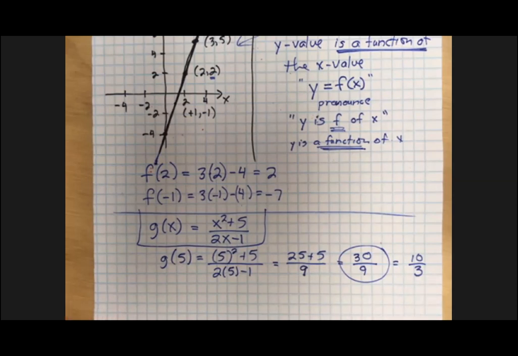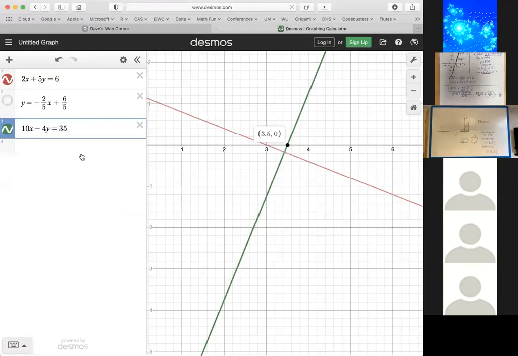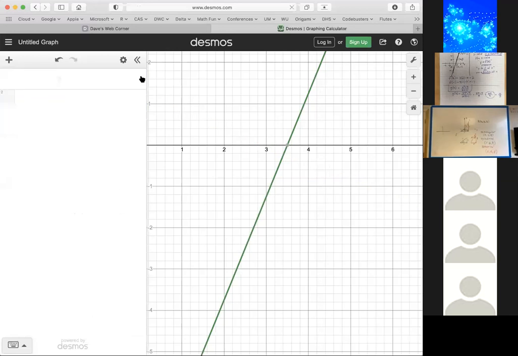Now you could type this equation, again, directly into your calculator, but I'm going to go back to Desmos because Desmos is so nice for just typing things in. Back to my website, I had Desmos open in a tab here. Let me eliminate these things that I had done.